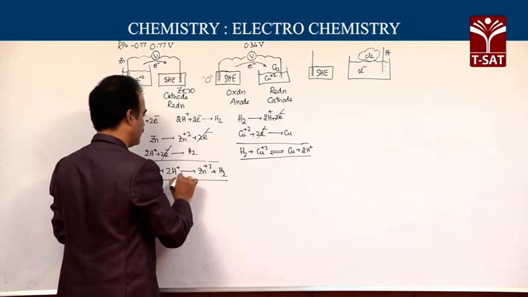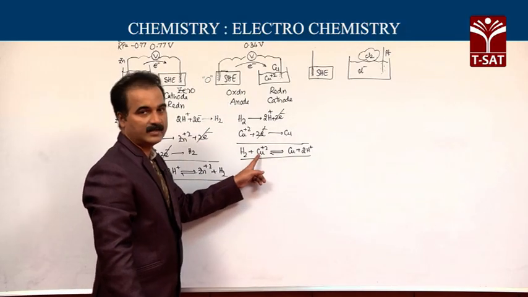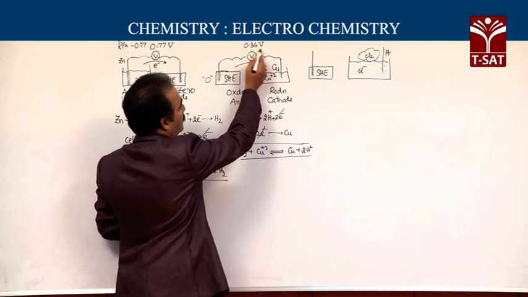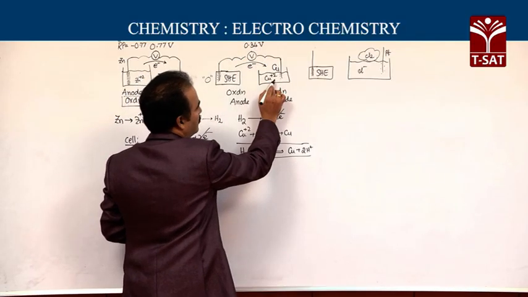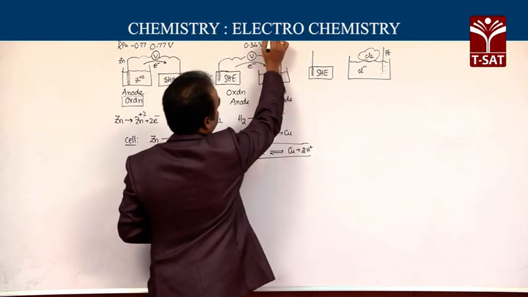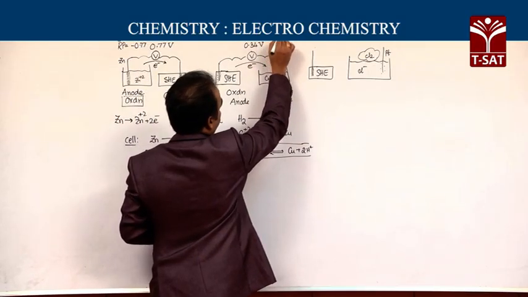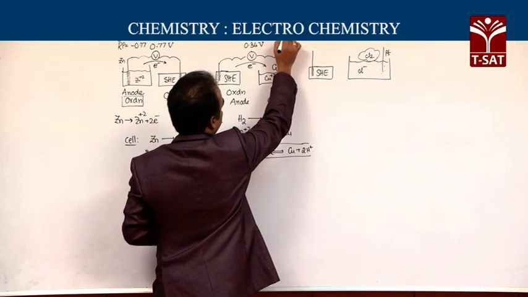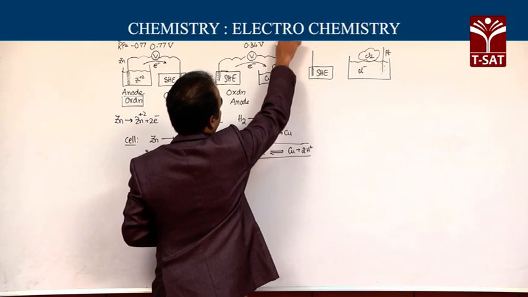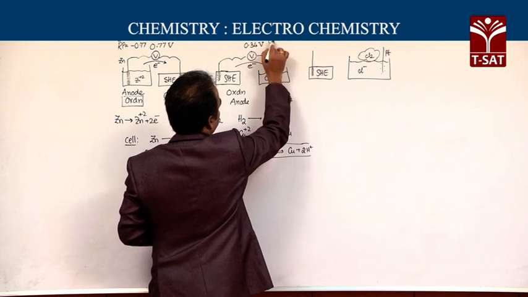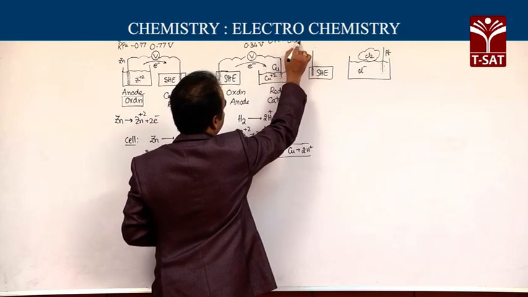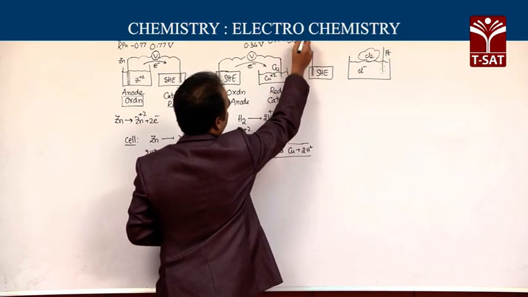So, this is the reversible cell reaction. So, the EMF of the cell is 0.34, as this copper electrode is undergoing reduction. So, the reduction potential of this copper electrode is plus 0.34, and the oxidation potential of that copper electrode is minus 0.34 volts.